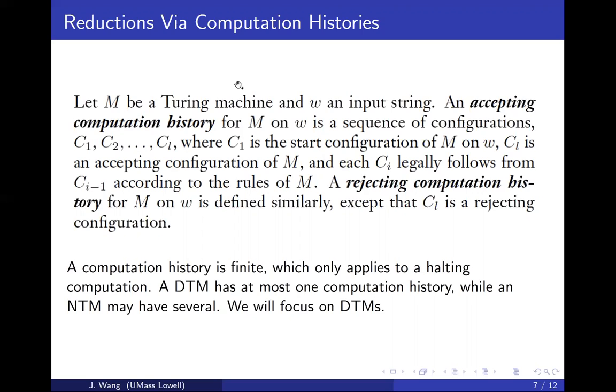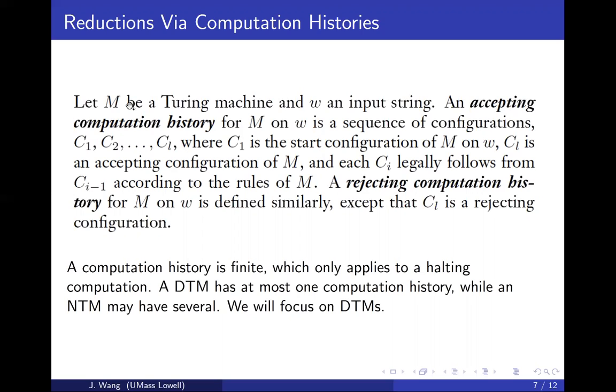So here's the definition of what an accepting computation history is. It has to do with a Turing machine and an input W. We let M be a Turing machine and W an input string.